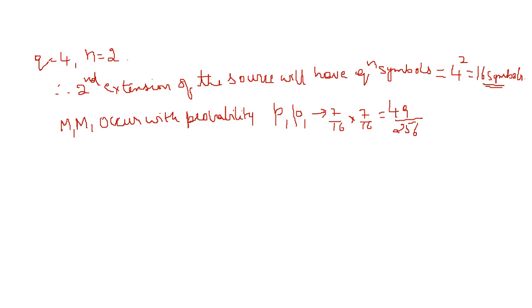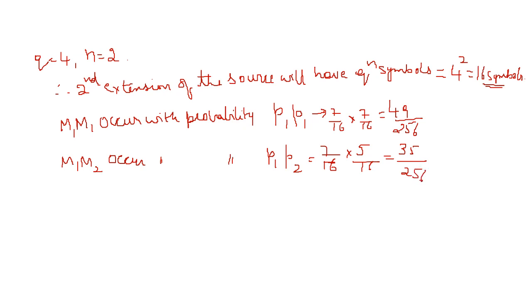Similarly, M1 M2 will occur with probability P1 into P2, which is 7/16 into 5/16, equal to 35/256. Similarly, M1 M3 occurs with probability P1 into P3, which is 7/16 into 1/8, equal to 7/128.